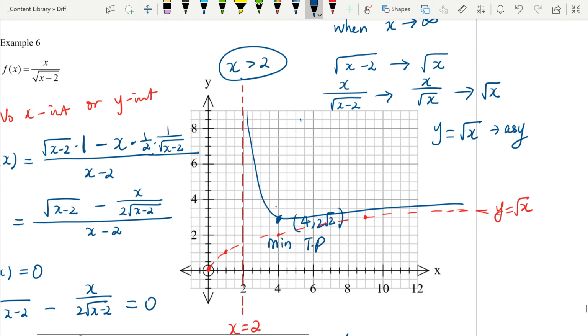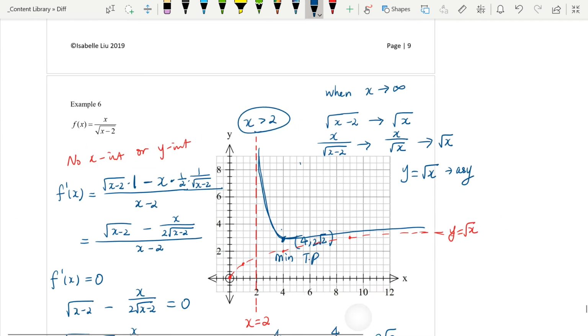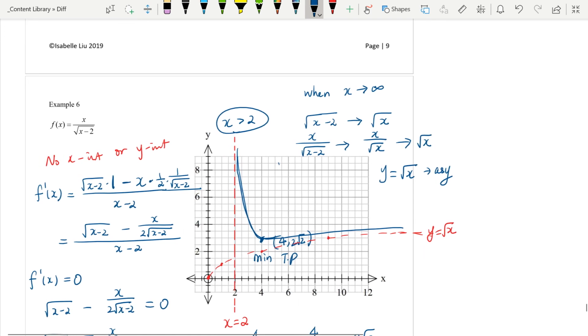The shape will look like square root x in the end. But when x is small, you won't have this asymptote. It's only true when x is really big. When x is 10, square root of 8 and square root of 10 are still a big difference. But when x is like 10,000, there's no difference anymore. So that's how we sketch this graph, and how we find the other non-vertical asymptotes. Think about the domain, the vertical asymptotes, the turning points and stationary points, and think about the behavior.